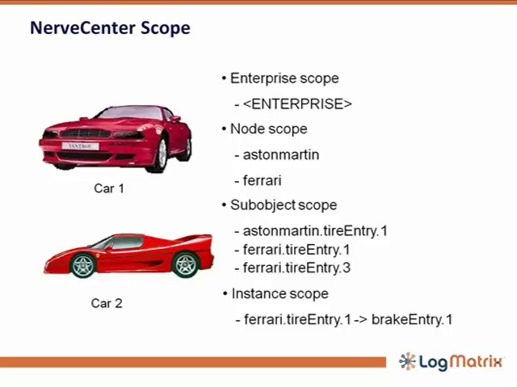Most of the time, you will use node scope and sub-object scope. Some of the time, you will use instance scoping. And very, very infrequently will you use enterprise scoping. But it's still available to you.